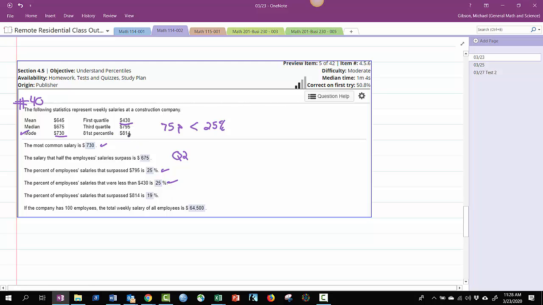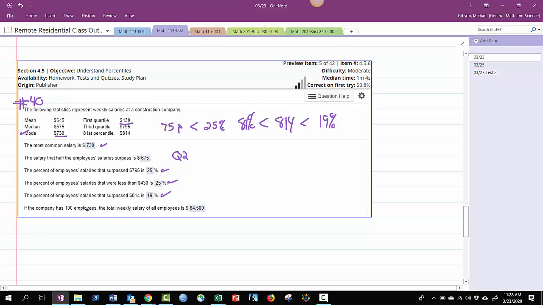Well, 814 is the 81st percentile, right? 814 is greater than 81% of the data. So that means 100 minus 81 leaves me 19%. You with me?